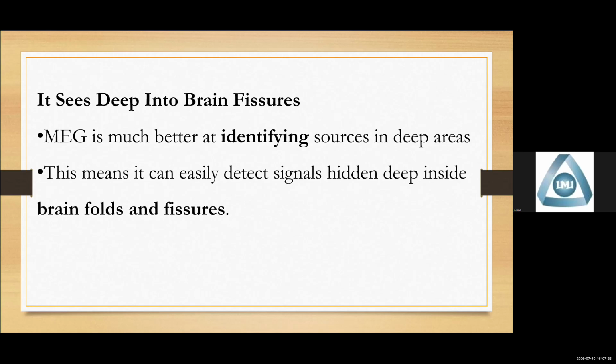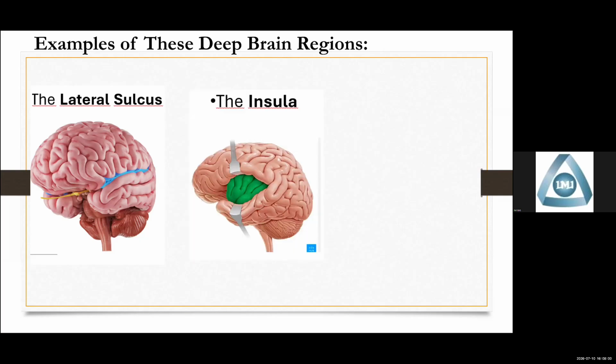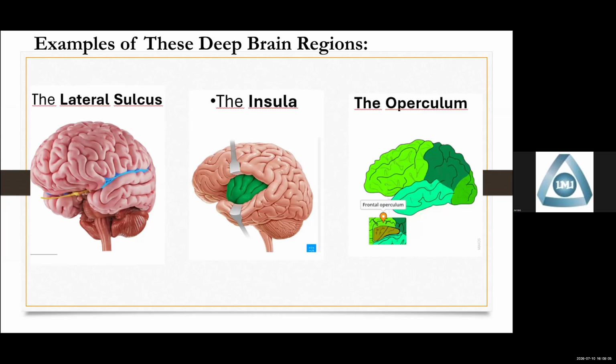It can see deep into brain fissures. MEG is much better at identifying sources in deep areas. This means it can easily detect signals hidden deep inside brain folds and fissures, like the lateral sulcus and the insula, which is deep in the brain, and the operculum, which is also deep here.